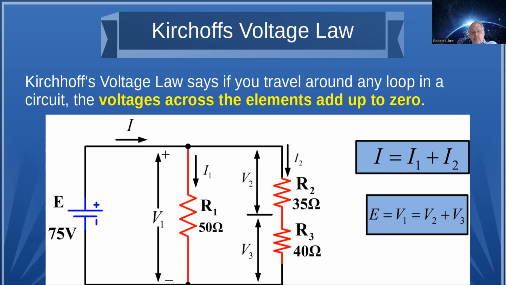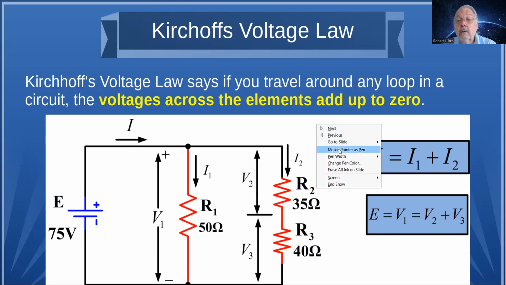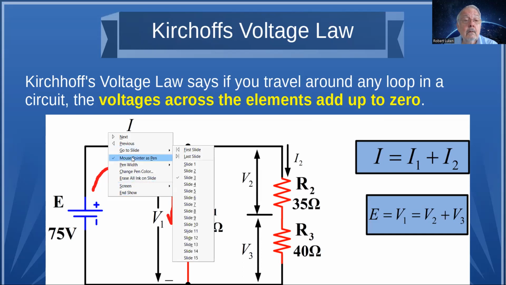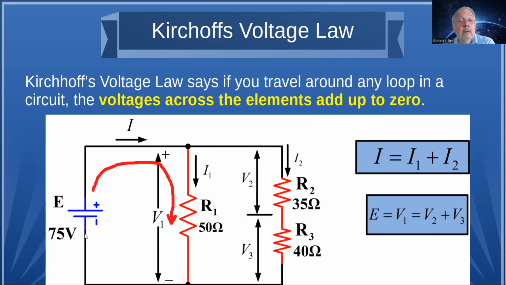So if you try to apply Kirchhoff's law, if we start at the battery and I go in this direction, I've got 75 volts here, but I have an opposite 75 volts in this direction.